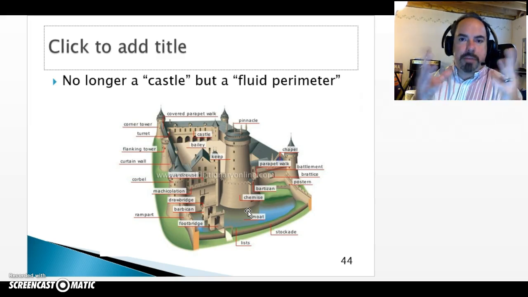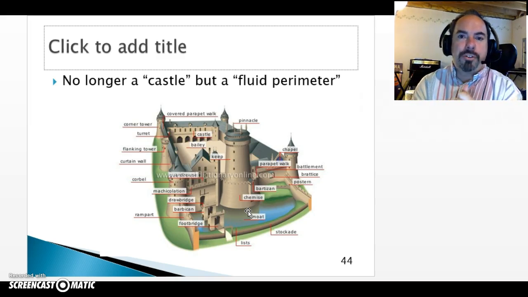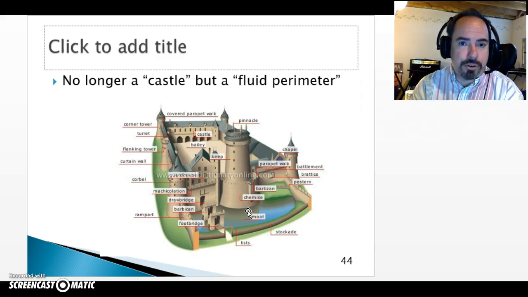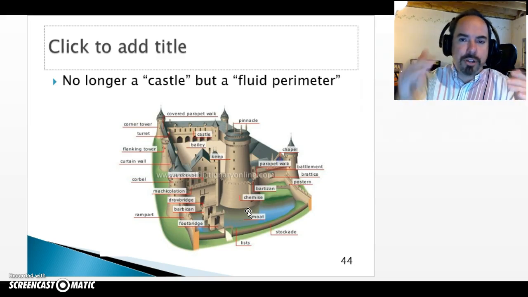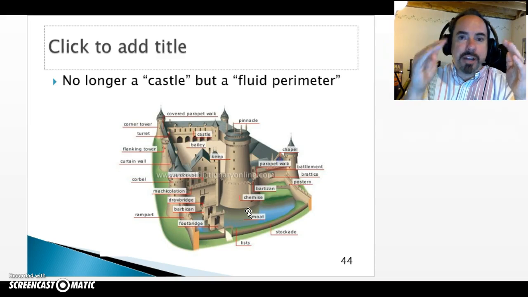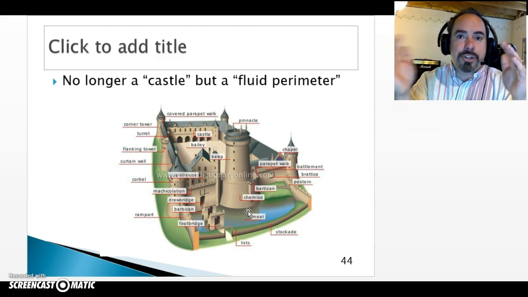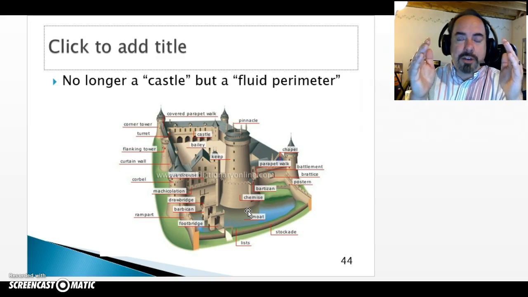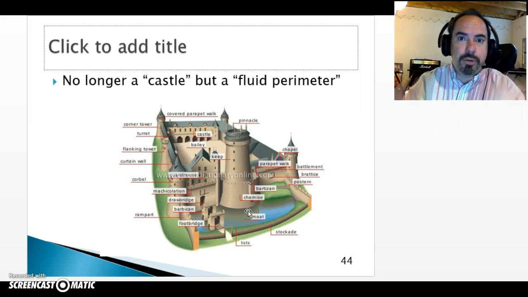It's hard to come up with a picture of a fluid perimeter, but this refers to all the different ways your users can get into the network through mobile VPN, how your vendors get into the network, how customers get into certain parts of your network, that you're putting different levels of security on different parts of your network, and the boundary of your network is really constantly shifting, because you might have, say, an extranet with several suppliers, and it's kind of hard to really nail down where one network stops and where the next one, where theirs, begins, because it's fluid.